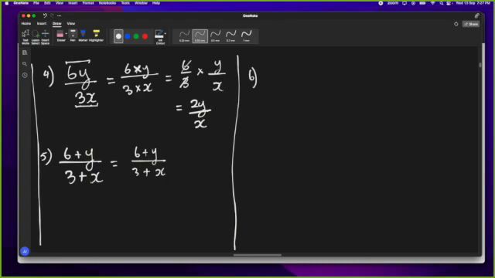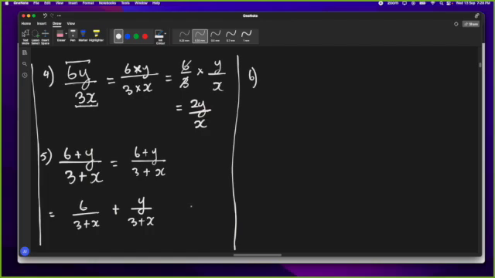I can separate it. When I separate it, you know what it's gonna be? It's gonna be 6 over 3 plus x plus y over 3 plus x.